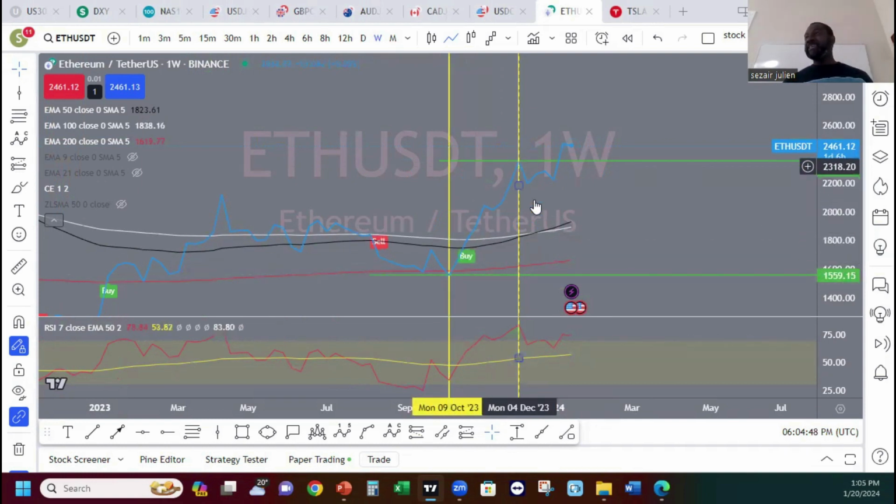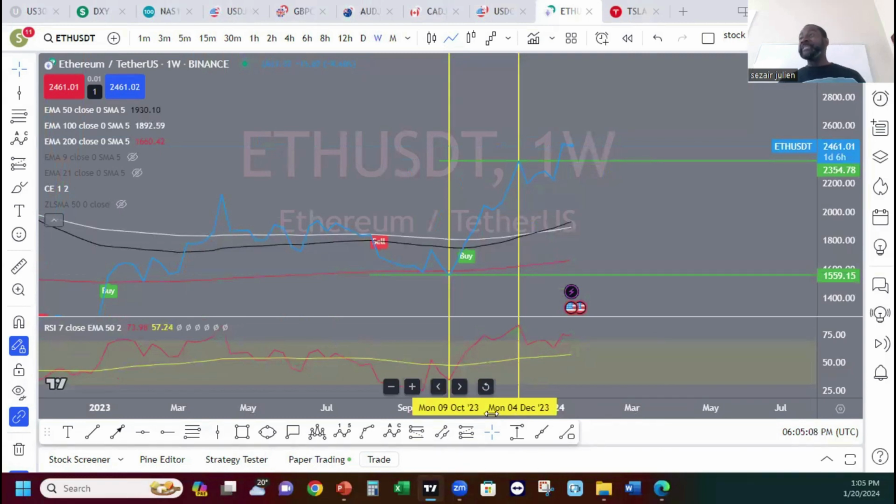They buy it from $1,556 to $2,354. This is from October 9, 2023 to Monday, December 4th.